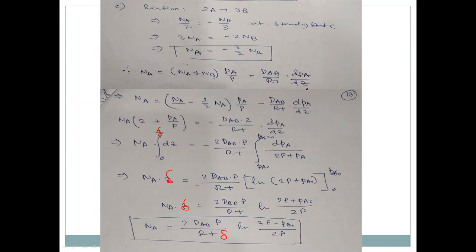Two phases will be there, and an interface. If A is diffusing and B is not diffusing, that is diffusion of A through non-diffusing B. If A is diffusing in one direction and B is diffusing in the other direction, then it will be counter diffusion.